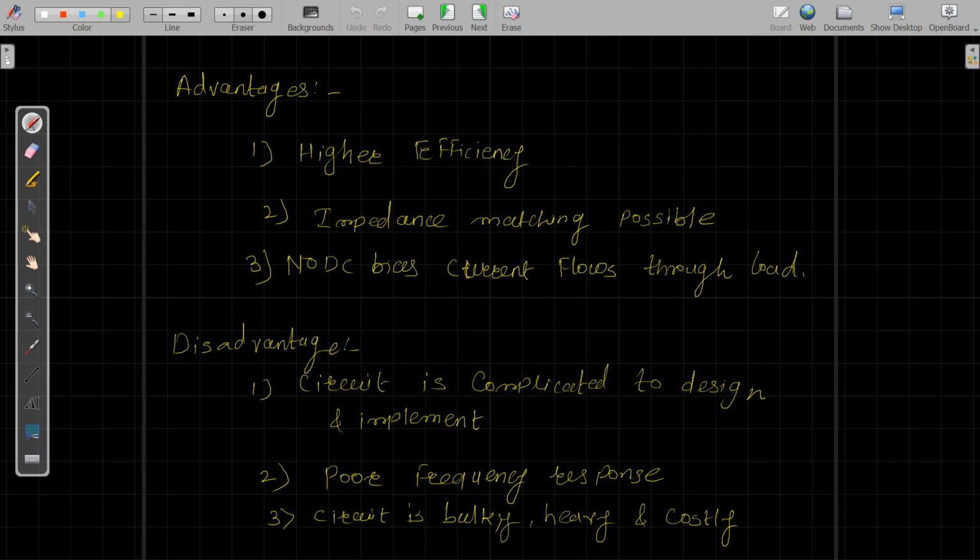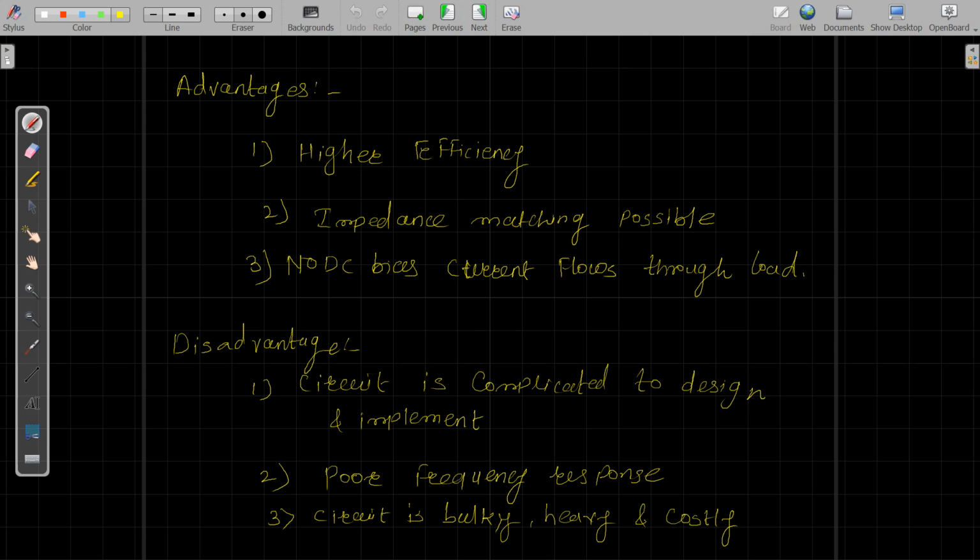And because we have assumed ideal conditions for the transformer, no DC bias current flows to the load, whereas in the directly coupled class A power amplifier, the load RL is connected between VCC and the collector terminal. Because of that, some amount of current can flow through the collector terminal to the load, and so there is a wastage of power.